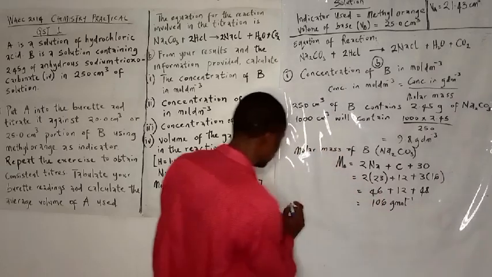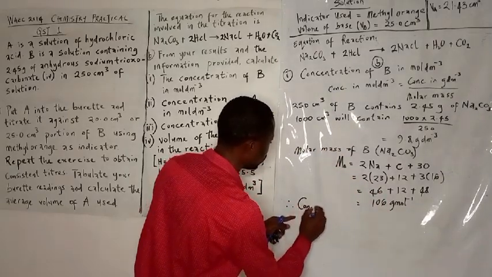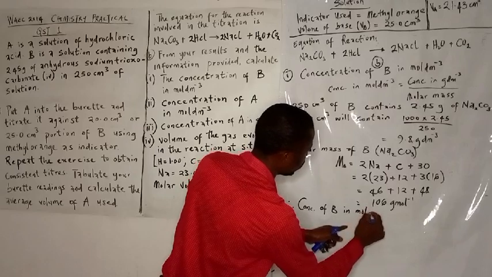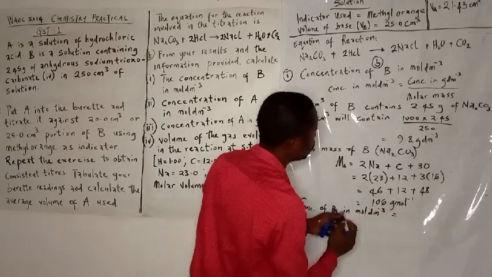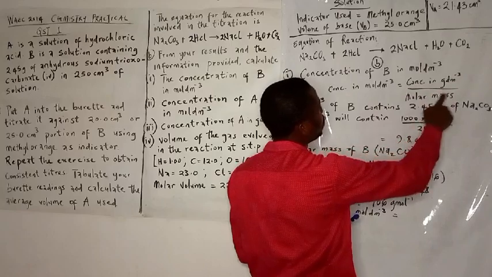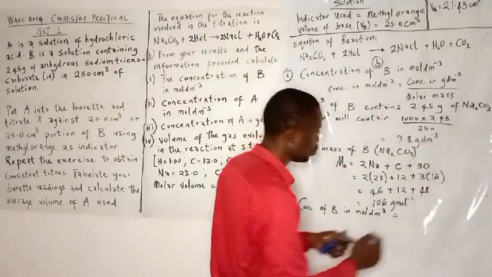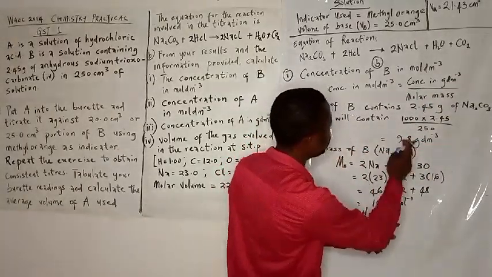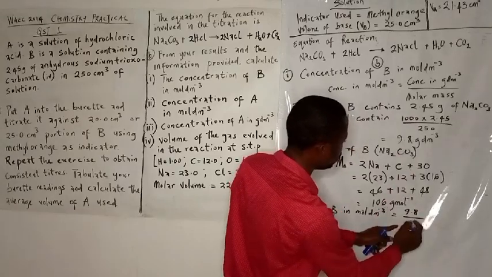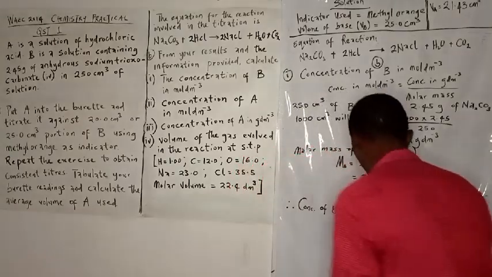So we can say, therefore, concentration of B in mole per dm cube, from the formula, is equal to the concentration in grams per dm cube divided by the molar mass. So the concentration in grams per dm cube is 9.8 divided by the molar mass, which is 106.